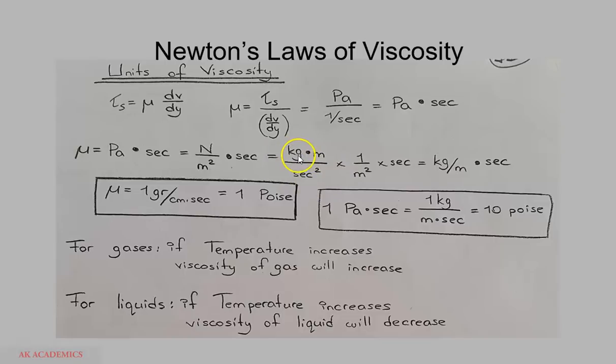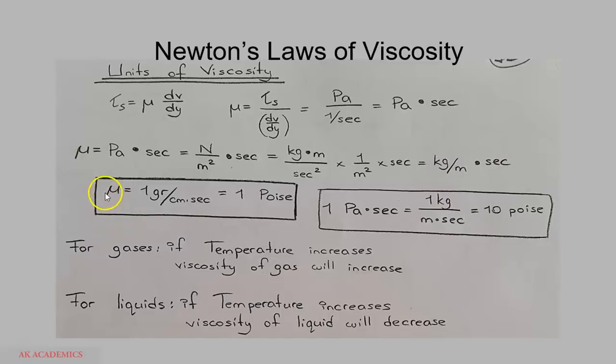So you can see we have mass, kilogram meters per second squared, representing the force, multiplied by 1 over m squared that we already have here, multiplied by the seconds that we do have here. So 1 second here will cancel one of the seconds here. This meter will cancel one of the meters here. So we are left with kilogram per meter per second.